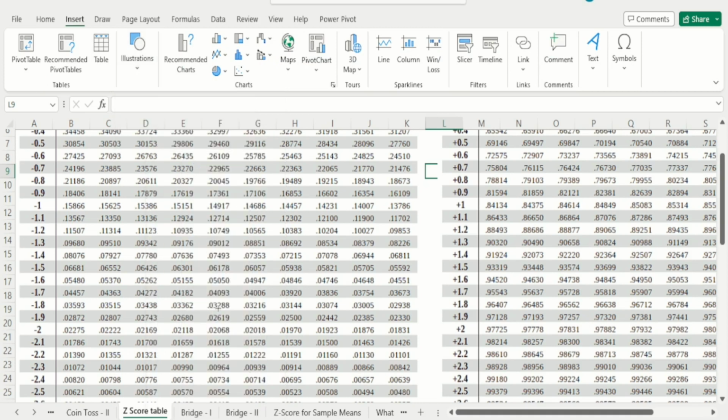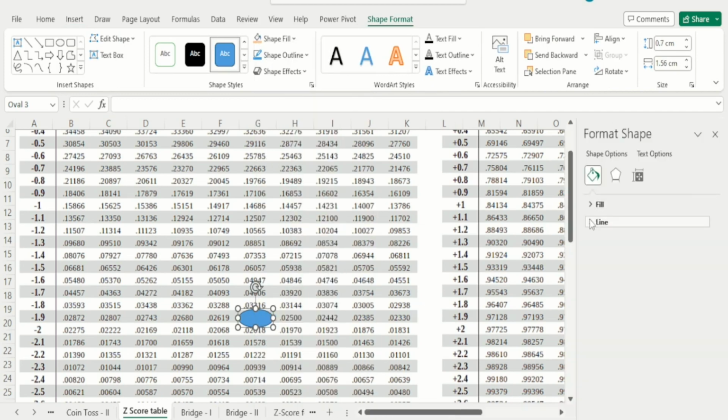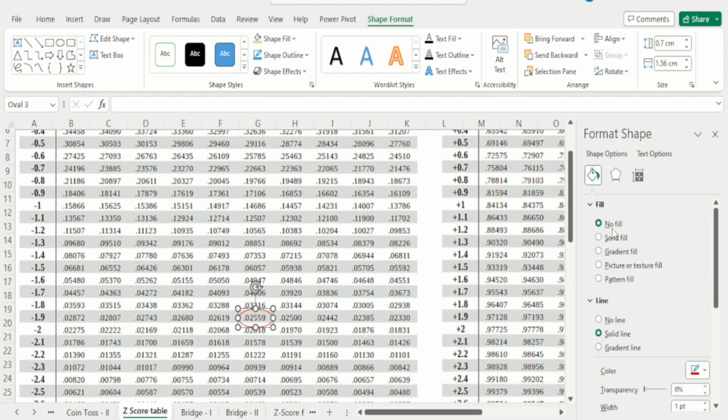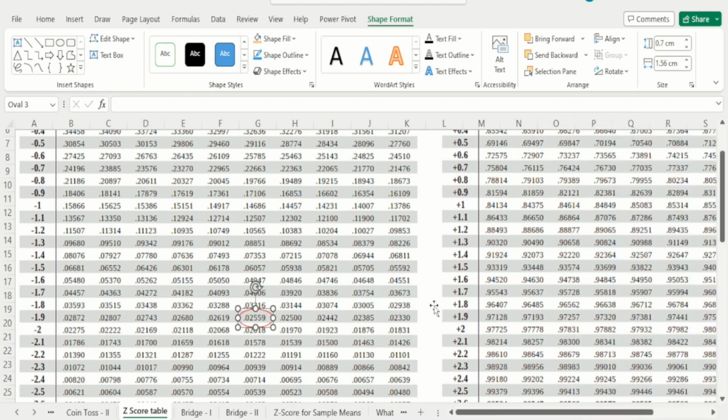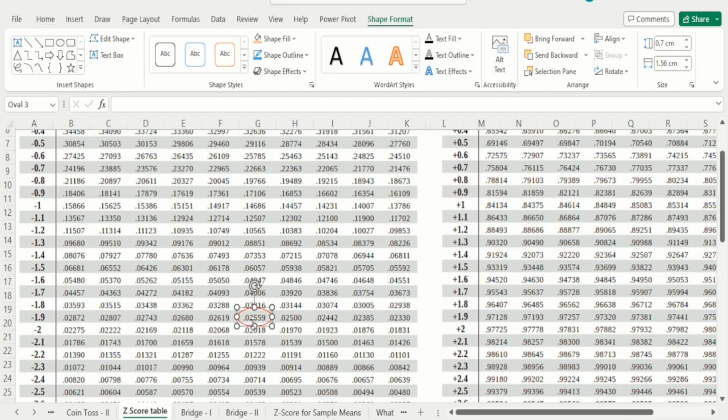So this is 0.03, 0.29, 0.28, 0.27, 0.26. Somewhere around here. If you notice, it is this value right here. And let's go ahead and just make it more visible. So if you can see on the screen, we have just circled a certain value of 0.025, right?